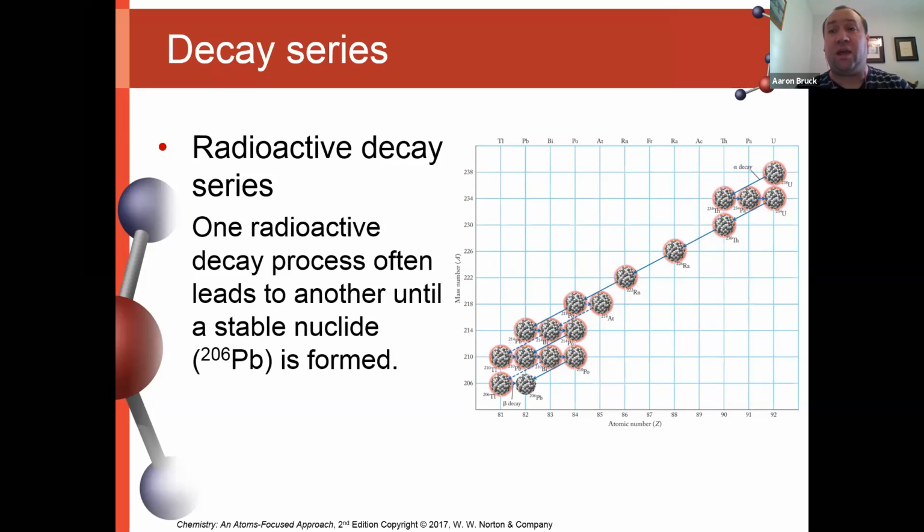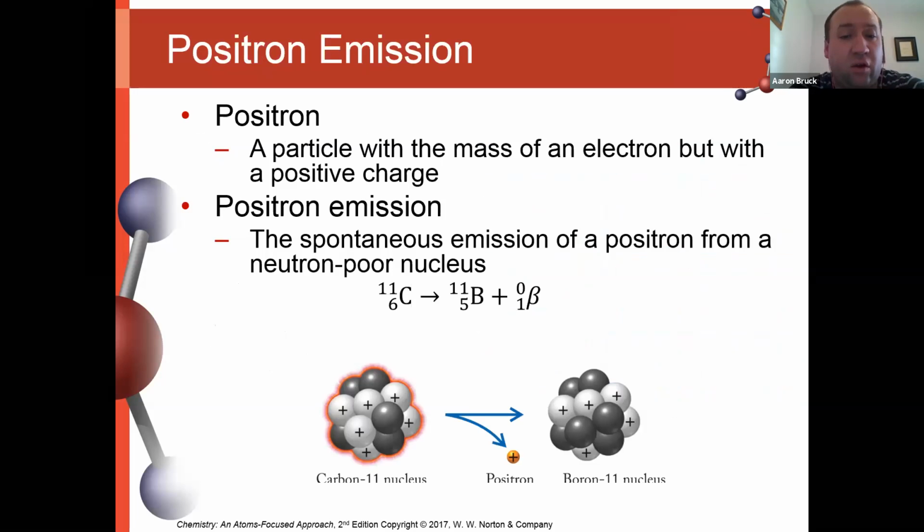Okay, third type of radioactive decay is something called positron emission. In positron emission, what we have is kind of similar to beta decay, only the opposite.